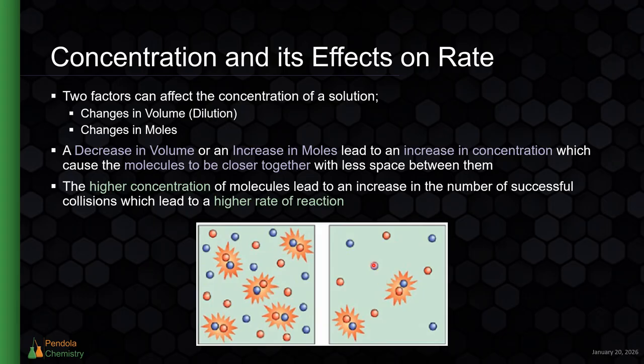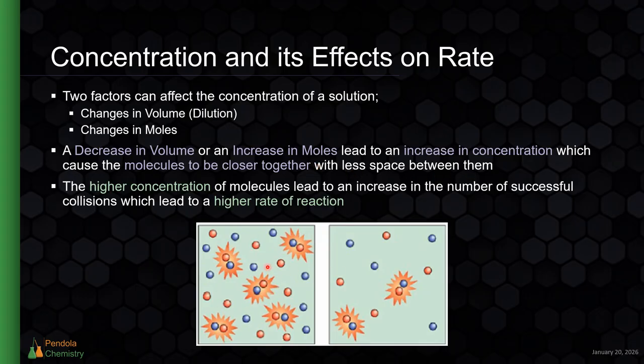If we instead decrease the volume by, say, evaporating the solution, we would also increase the proximity of the molecules in that solution. A decrease in the volume of the solvent or an increase in the number of moles is going to lead to an increase in concentration and therefore cause those molecules to be closer together with less space between them.